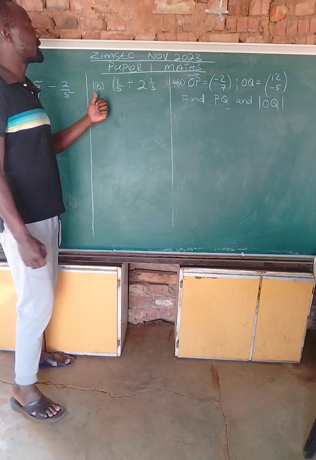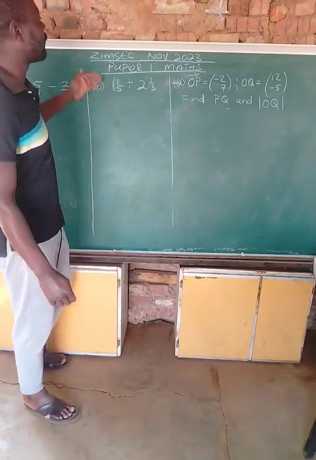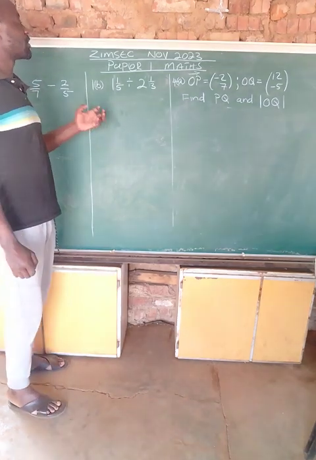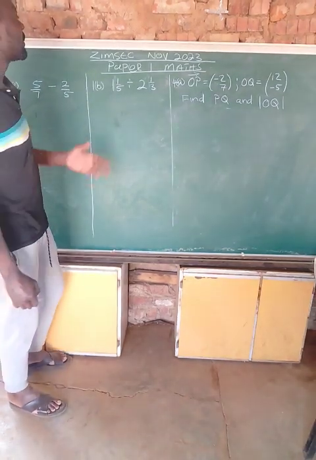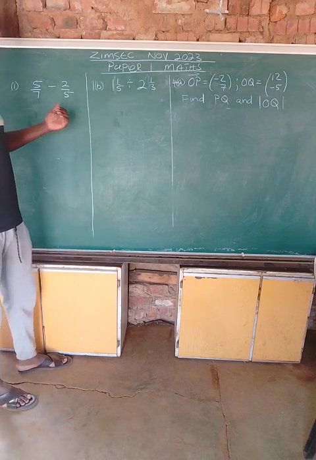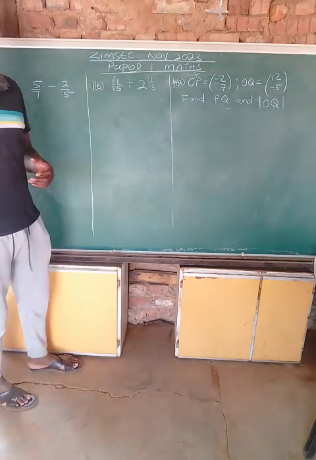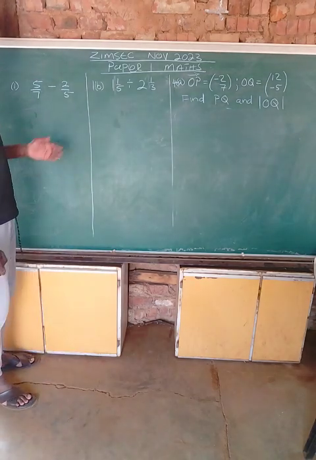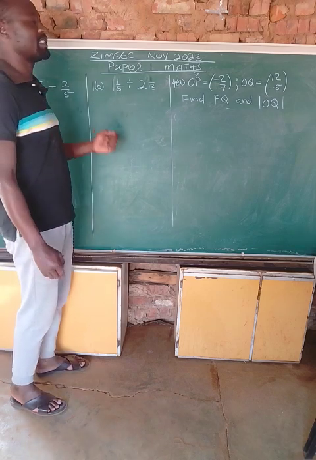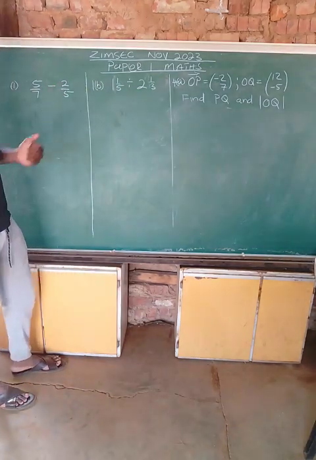So if you want to watch all the videos for the revision of all these past exam papers, most of them we have done them. So for now, we only selected a few questions to show you how we are going to solve and how we can manage to score high marks when you are writing paper 1.